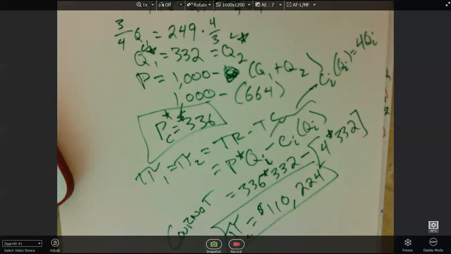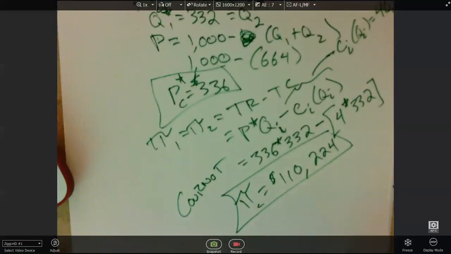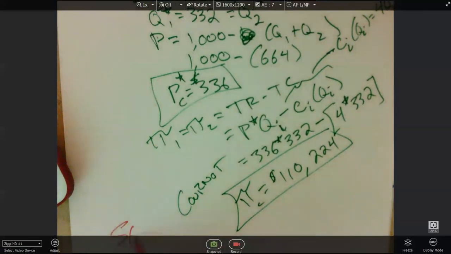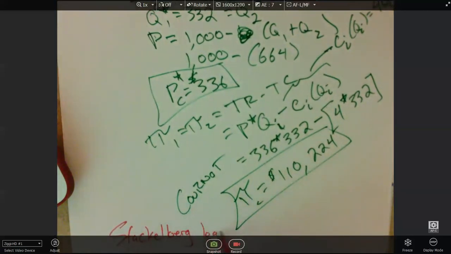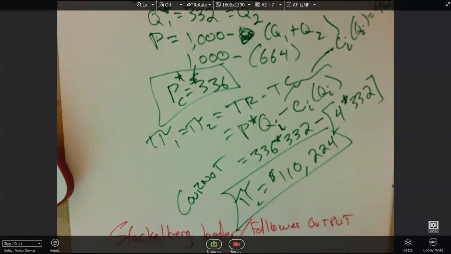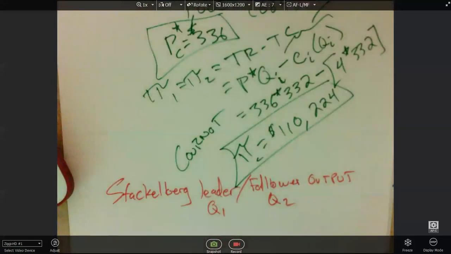Now, what are the Stackelberg leader and follower outputs? I'm always going to have the leader as Q1 and the follower as Q2. It just makes sense. We can also call them Q_L or Q leader, whatever.